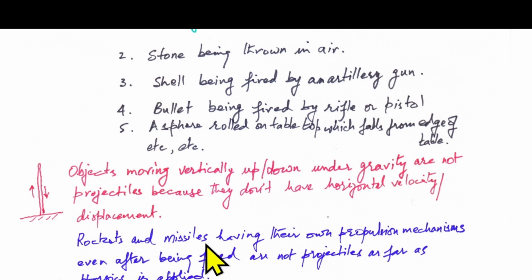Rockets and missiles, they have their own propulsion system. For example, there are fans and turbines and fuel systems that burn out even when they have been fired, and since there are external forces acting on it even after being fired, so they are not projectiles.